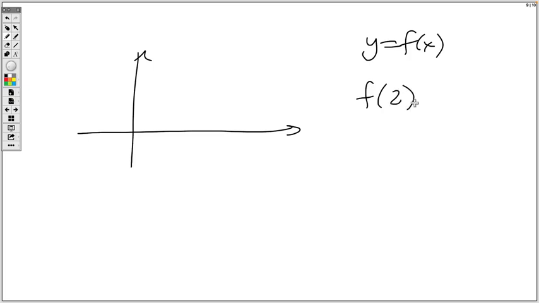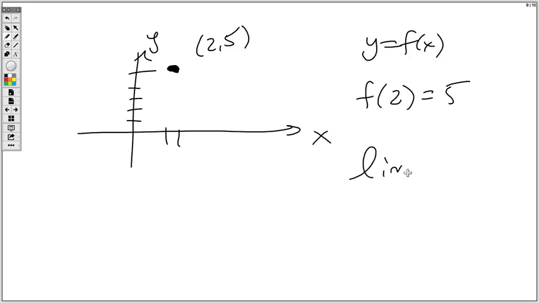If I tell you f of 2 is 5, all that tells you is information about that point. If I told you that the limit as x approaches 2 of f of x is 5, then that tells you that around here the function values are getting closer to 5. But it doesn't tell you which direction.